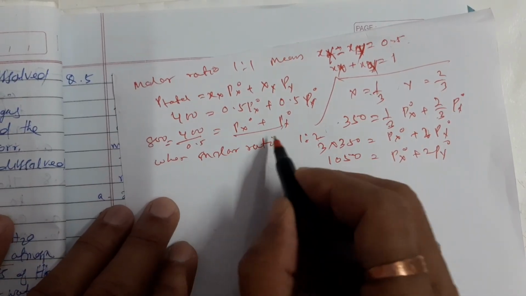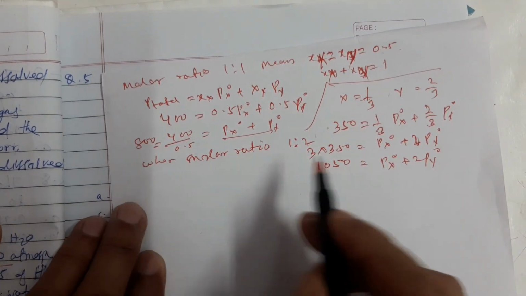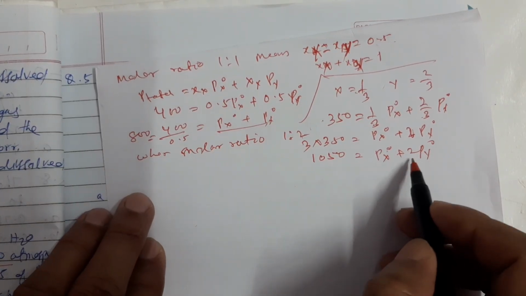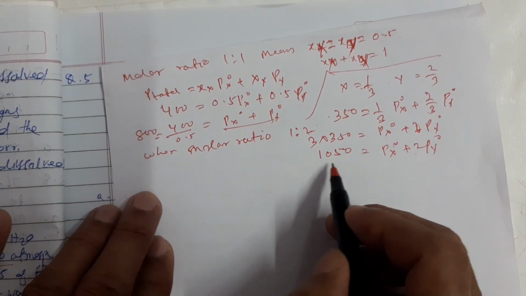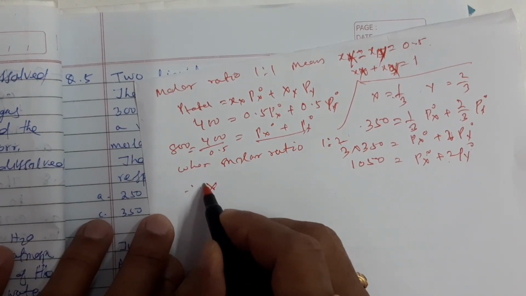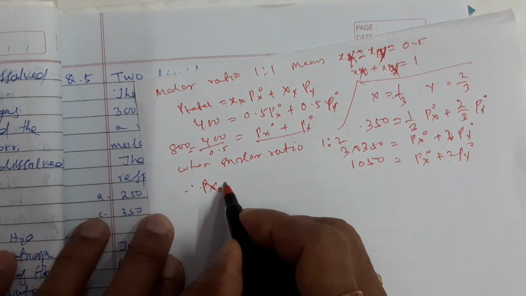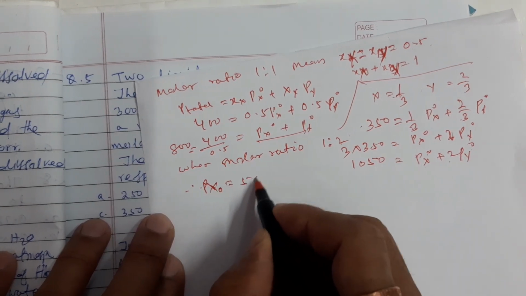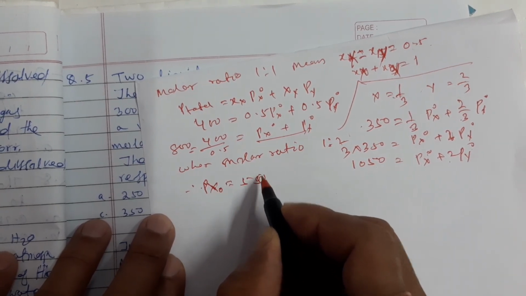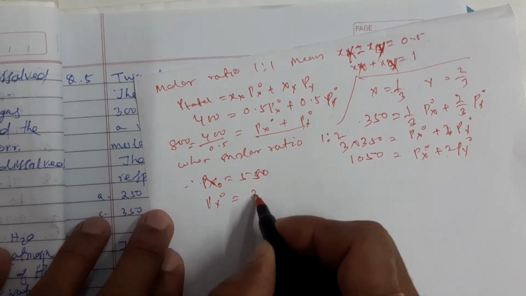So this is one equation, PX0 plus PY0 is 800, and this is another equation, PX0 plus 2 PY0 is 1050. Therefore PX0 is 550 and PY0 is 250.